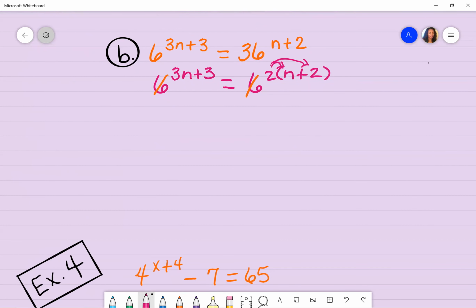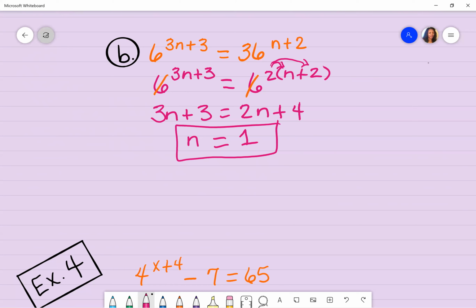When I bring my exponents down, I have 3n plus 3 is equal to, don't forget to distribute, 2n plus 4. And once I solve for n, I'm going to subtract 2n on both sides, subtract 3 on both sides, n becomes 1. Once I substitute that information back in, let's do it over here to the side.